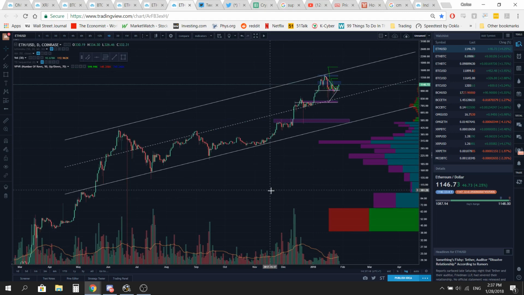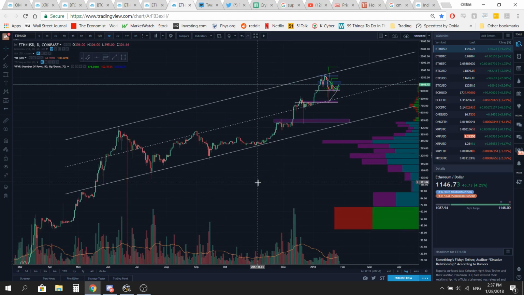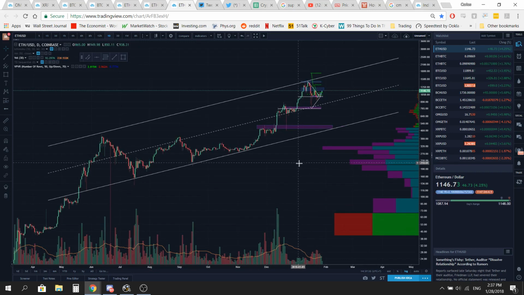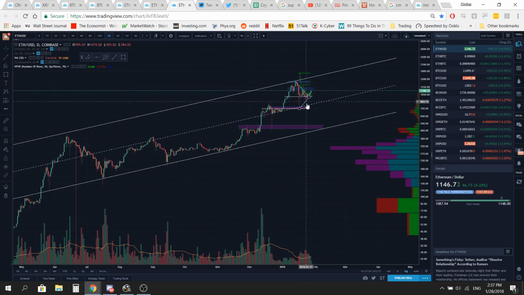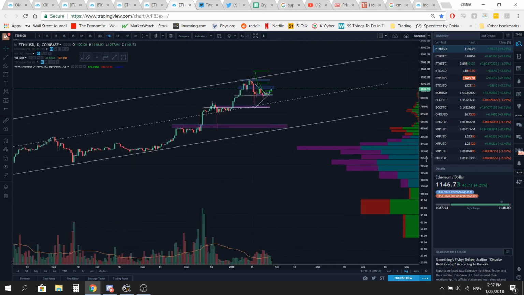It's like a similar channel to what BTC has on the Bitstamp chart, but we can see the difference is this last all-time high actually hit the top of the channel here. So we did come back and test the median line, which I really like. I actually tested it perfectly here. So that's a good sign.